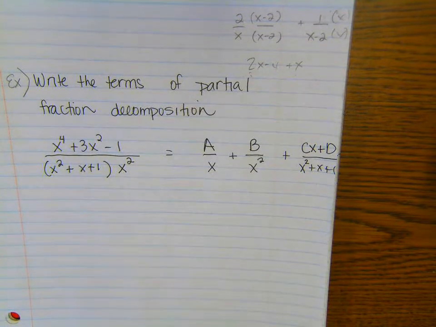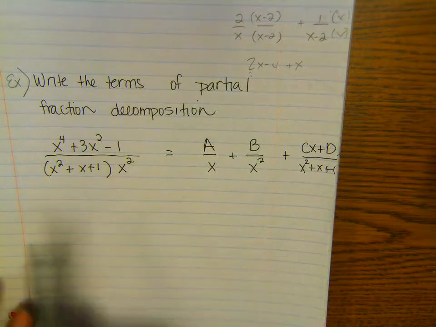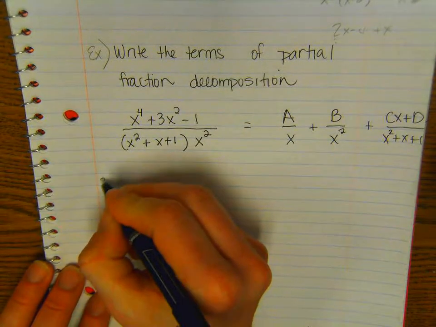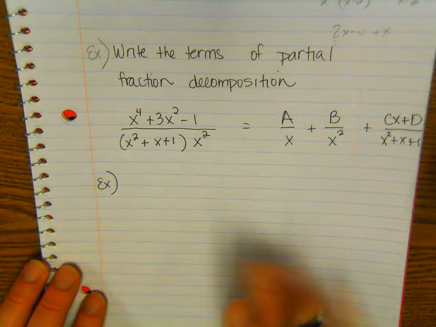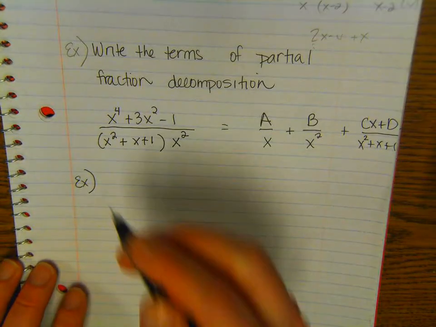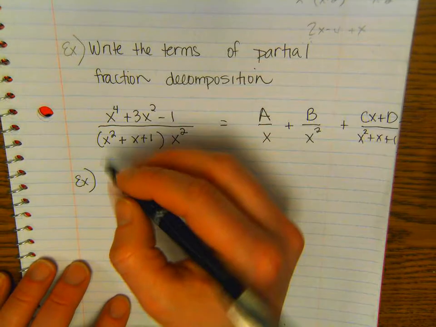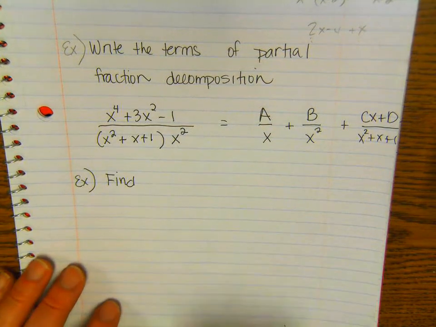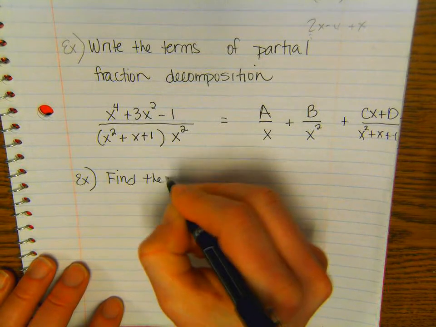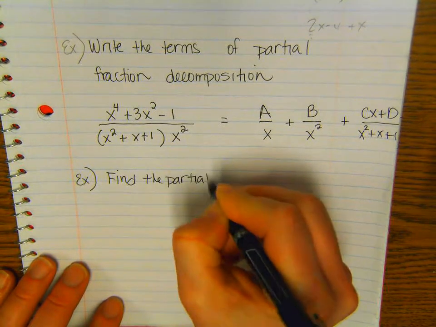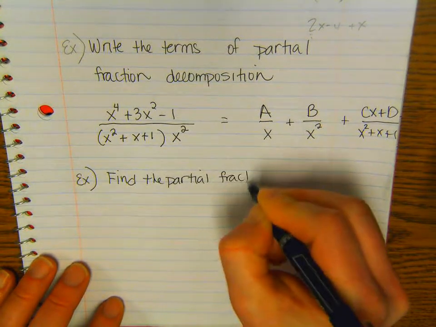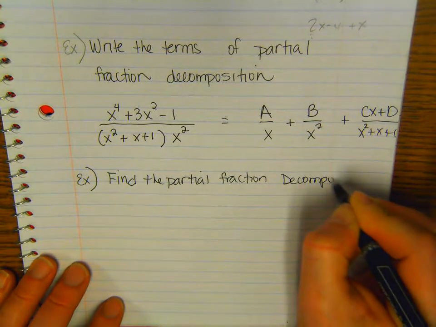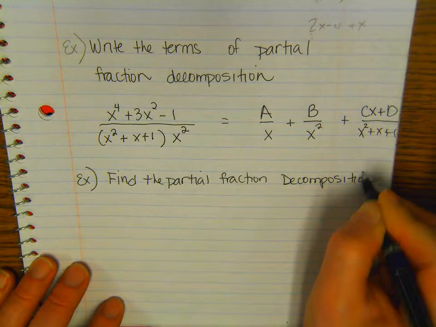Okay, let's actually go through the process of doing one that's simpler than that. This time we're going to actually not just find the terms, we're going to find the whole partial fraction decomposition.